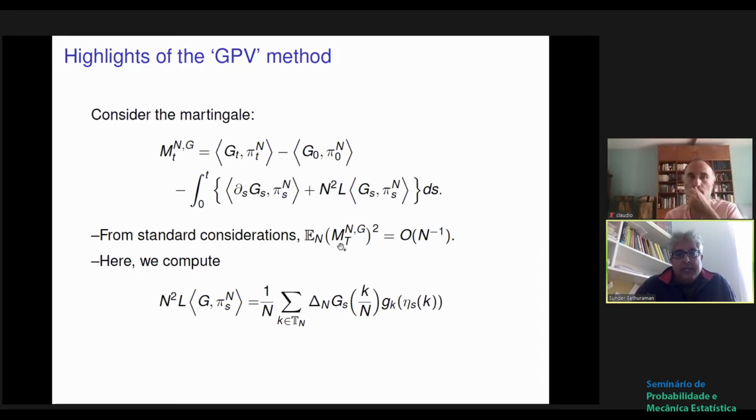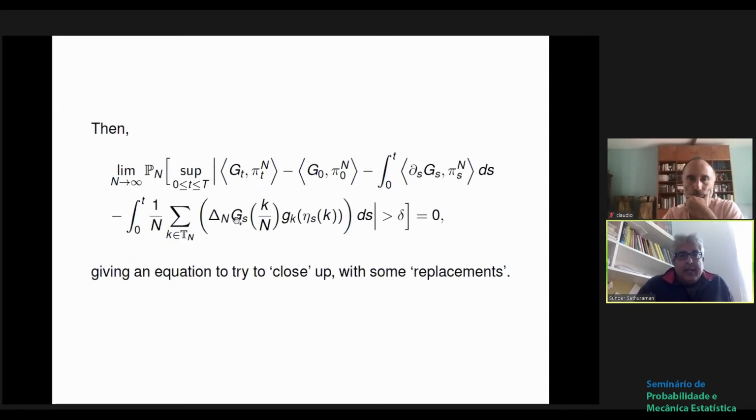The expected value of the square is a well-known computation. One can see that it's 1 over n, and this quantity right here one can compute explicitly in the zero-range process, and delta n is the discretization of the continuum Laplacian, the usual discretization.